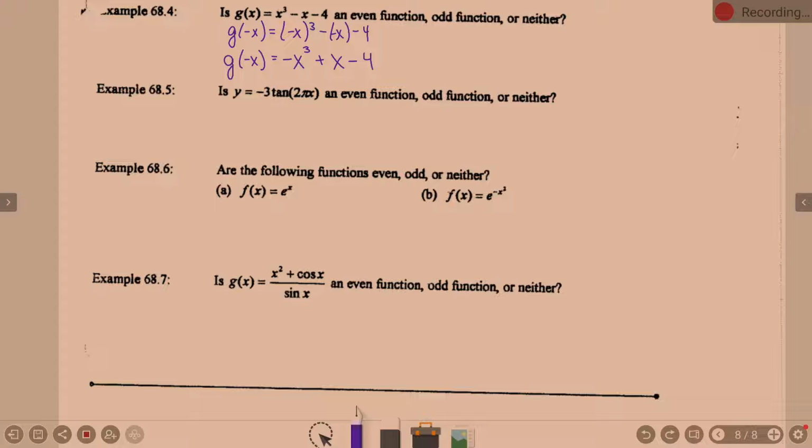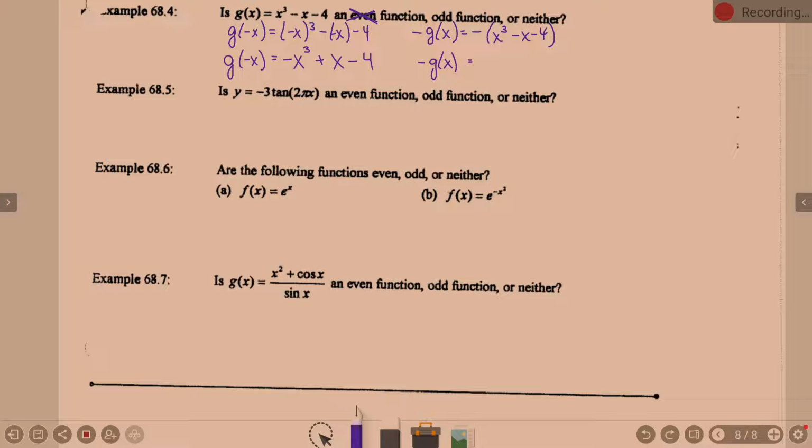So once you find g of negative x, we know that this function is not even at this point, because g of x and g of negative x are not the same. Okay, so now I'm going to find negative g of x, which means I'm going to distribute that negative.